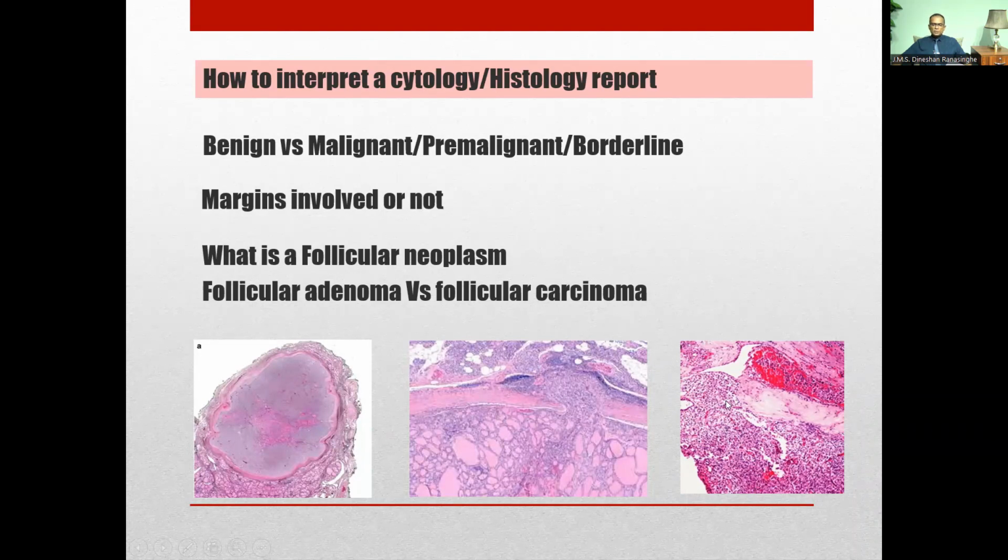This is the basis. We need to see capsular or vascular invasion in order to differentiate a follicular adenoma from a follicular carcinoma. So it is very important to assess it histologically.